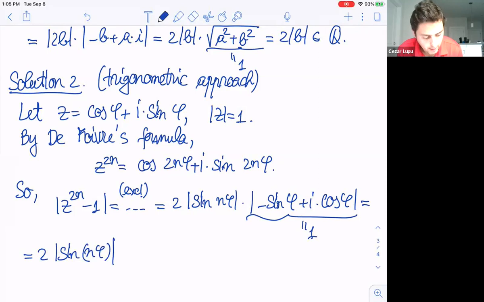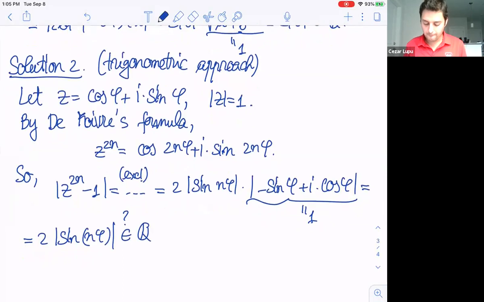Okay, that's what we get, right? And now from here, we have to show that this is a rational number. That's what we have to show. So how are we going to show this? Well, one can use induction.